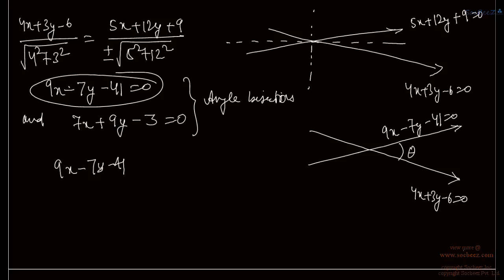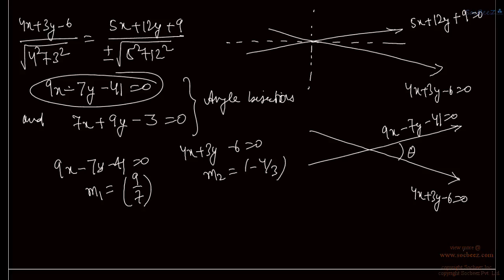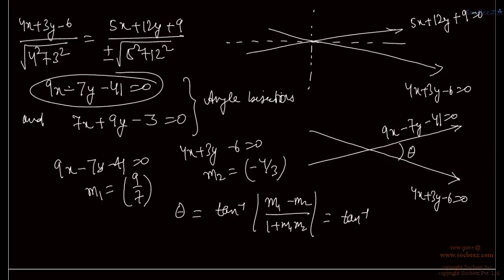The slope of 9x - 7y - 41 = 0 is 9/7, right? And the slope of 4x + 3y - 6 = 0 is -4/3. So this theta is the acute angle. So we have theta as tan inverse of (m1 - m2)/(1 + m1m2), which is equal to tan inverse of 11/3. You will put in these values and get 11/3.